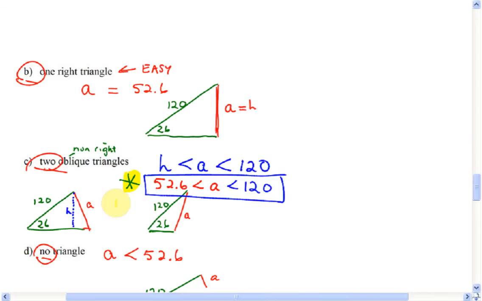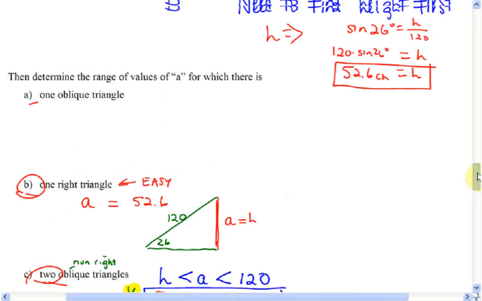Now, how about that last case, the one back up there? That's not no triangle. That one is one oblique triangle. This is what I'm talking about here. Let me draw the picture for you. This one looks like this. 26, 120.